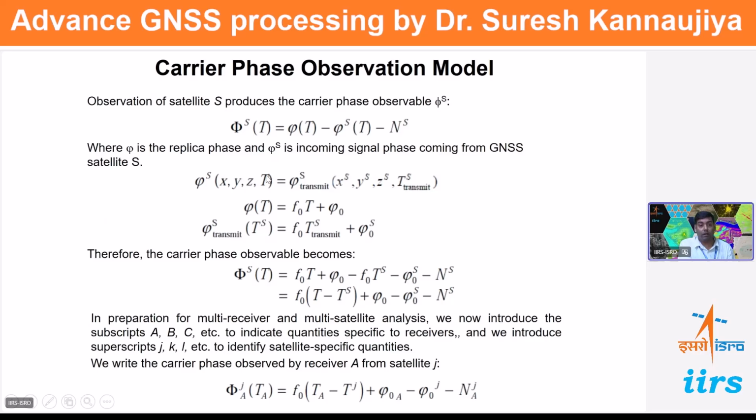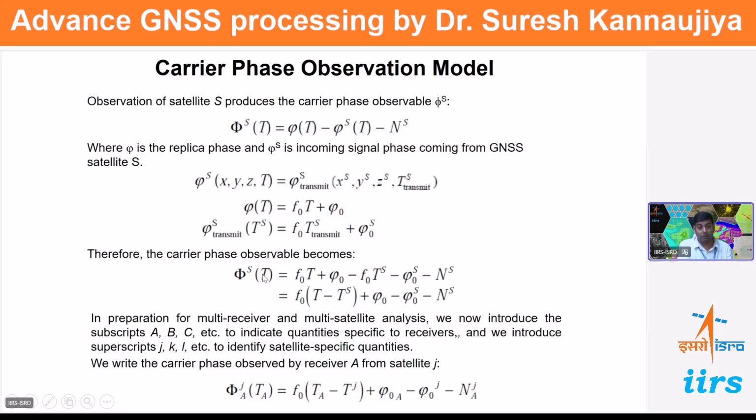When we use this previous equation for model development, you can see here the receiver observation at receiver time, the phase at the receiver, the phase at the satellite time, and these are the ambiguities, our error budget. This is the signal at time t from a particular PRN satellite, and you can see we have to use subscripts and superscripts because there are so many satellites. This is for a particular satellite.